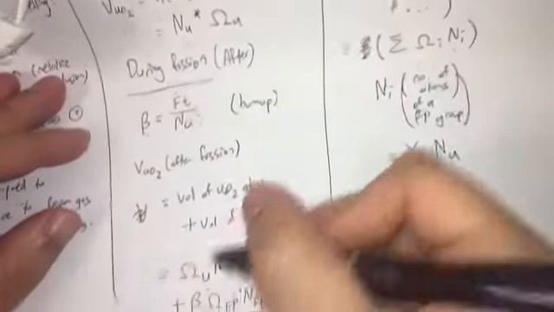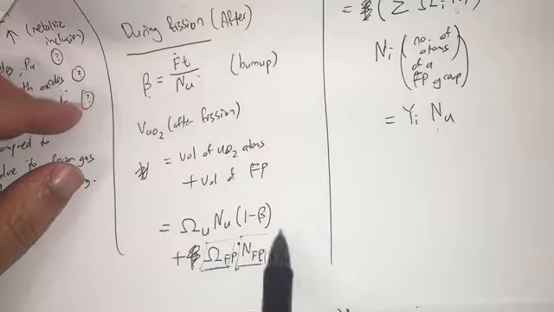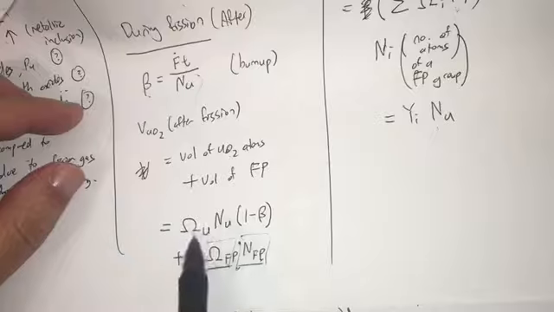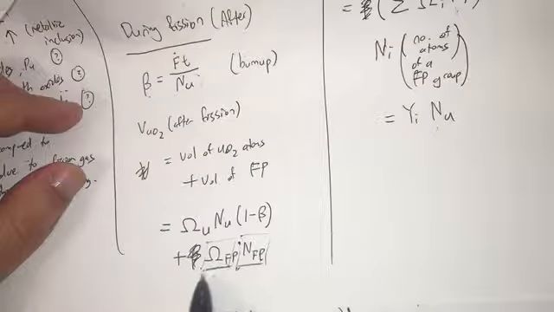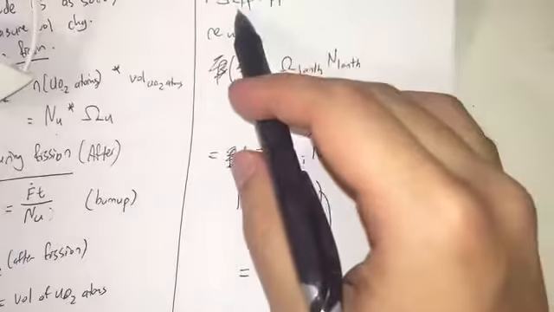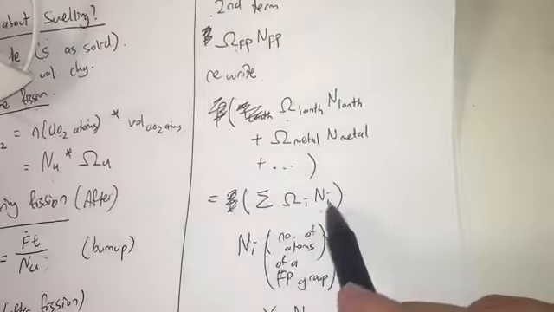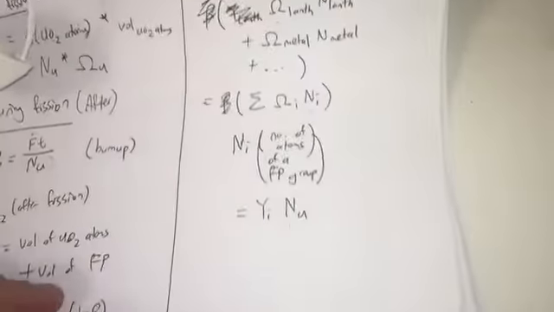Sorry, there should not be a burnup. So this is the number of uranium atoms being left over. This is the number of fission products being generated. So this should make sense. It's just this summation now that we want to consider.